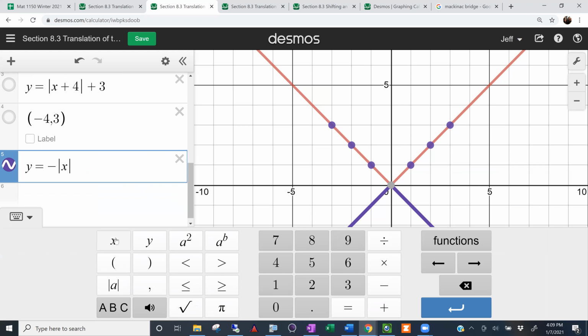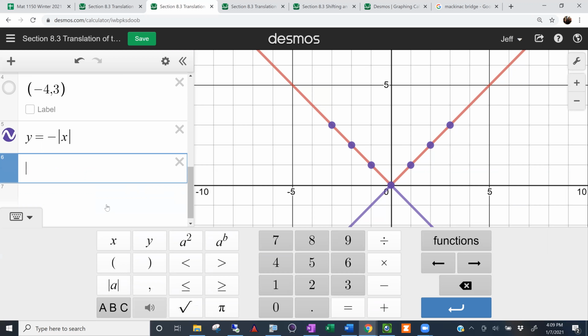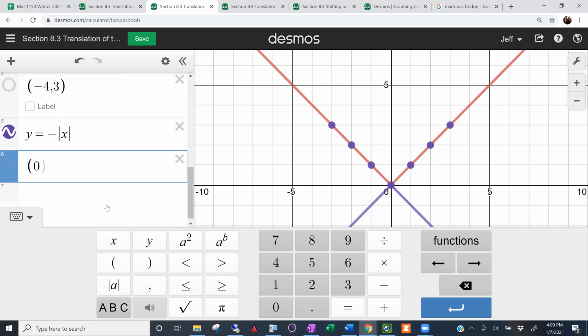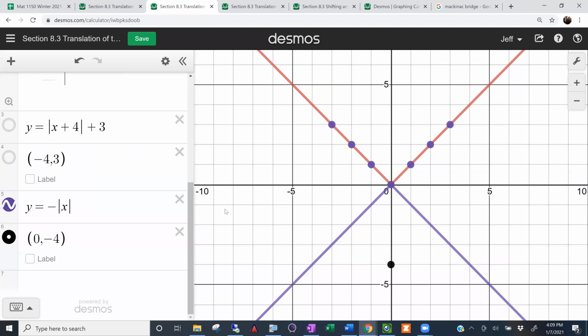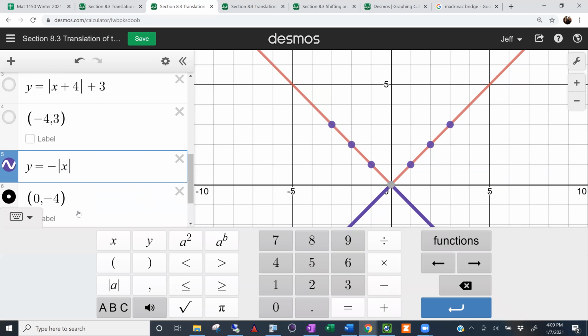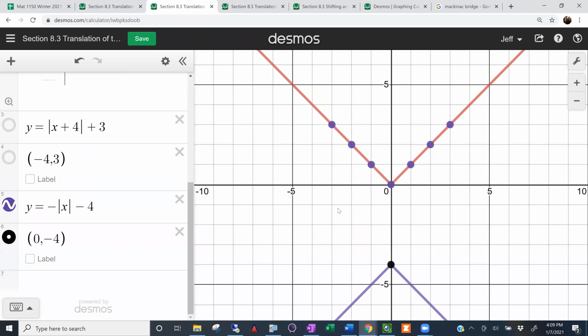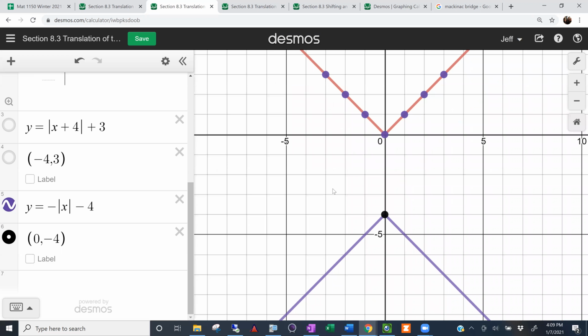So if it shifts it down by 4, let me make my prediction. I should have a point at 0, -4. That's where I think the vertex of my new graph is going to be. So let's see if I'm right. -4. Looking good. This is exactly what we expected.